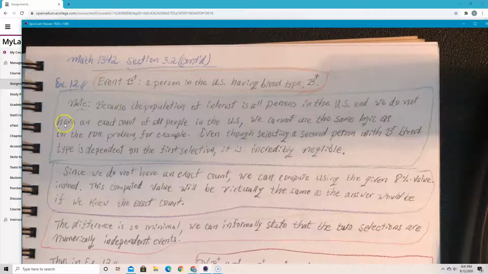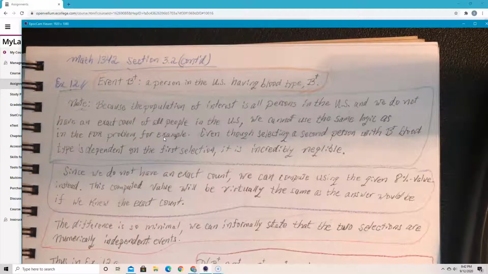Okay, note. Because the population of interest is all people in the United States, and we do not have an exact count of all people in the United States, we cannot use the same numeric logic as in the FDR problem we just did, where we knew there were 2,069 adults and 367 of them stated FDR was the best president.